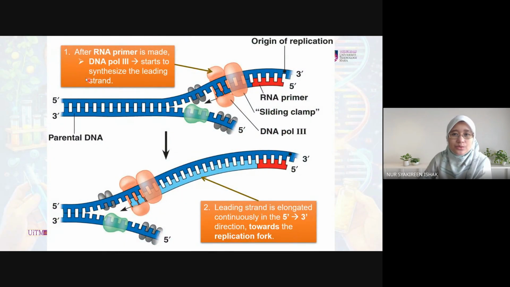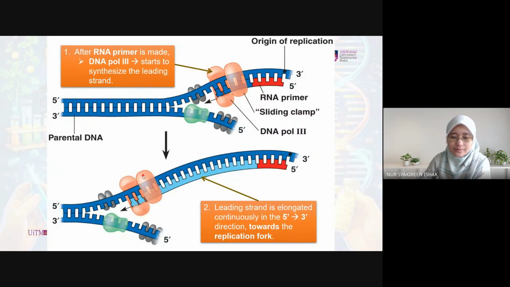After the RNA primer is synthesized, the DNA polymerase 3 starts to synthesize the leading strand. The leading strand is elongated continuously in the 5' to 3' direction, from the origin of replication towards the replication fork.